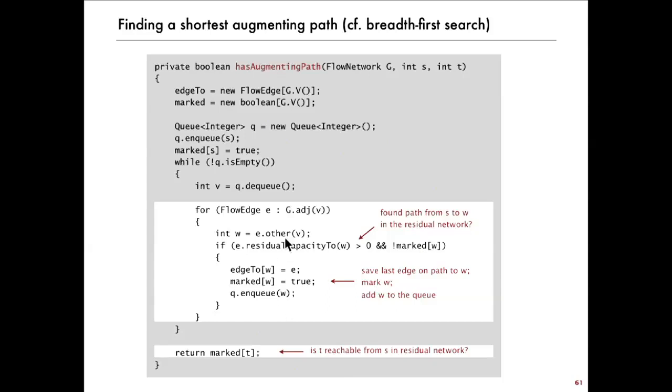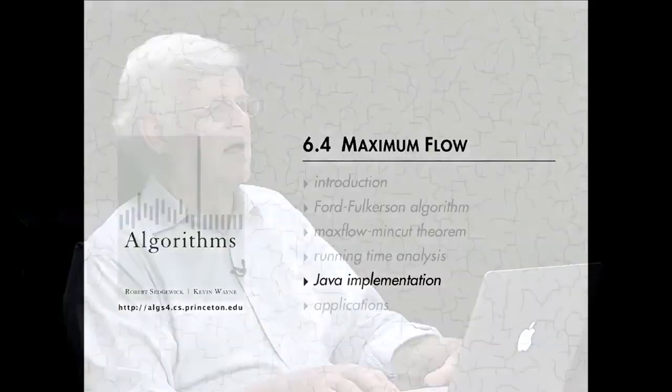So that's the code for hasAugmentingPath, and that essentially completes the implementation of breadth-first search. And marked of T tells you whether you can get from S to T after that search is done: if T is marked, this method can return true. That's the Java implementation of the max flow.